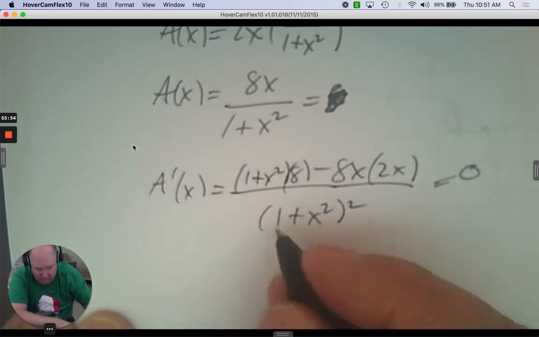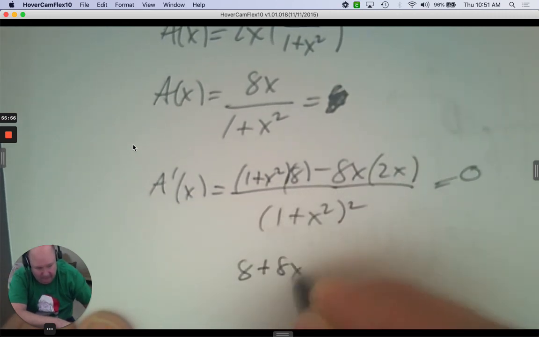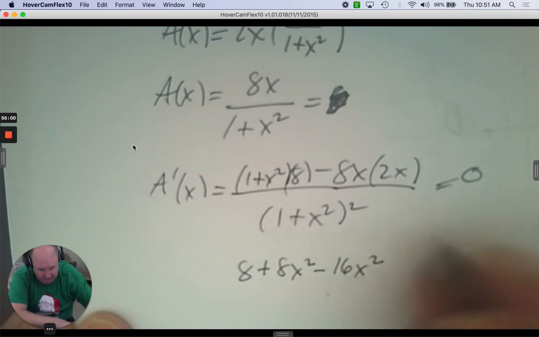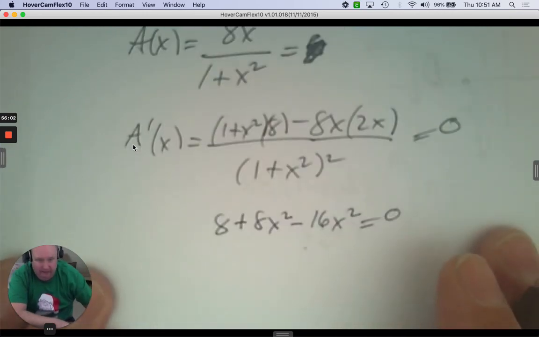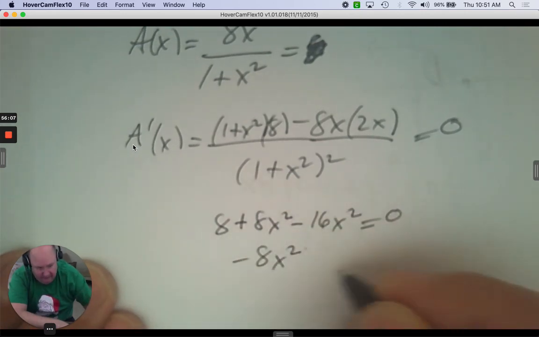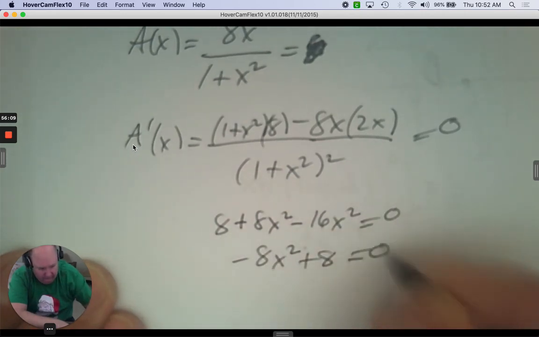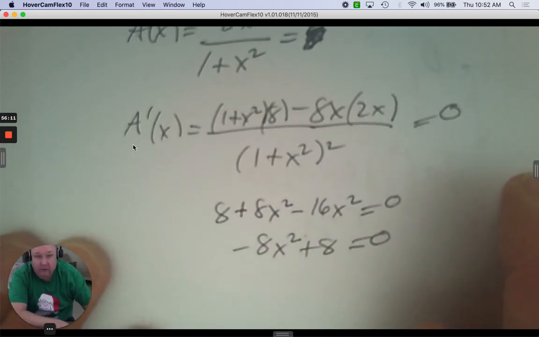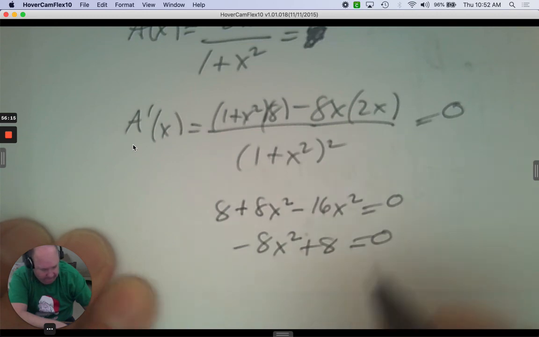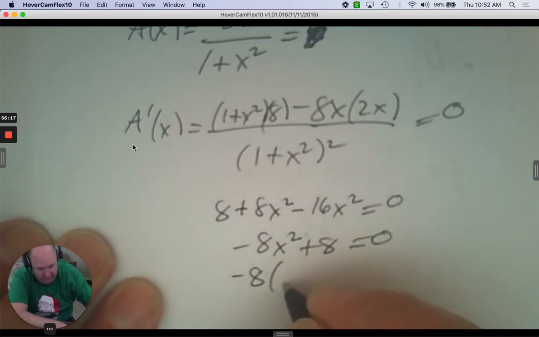So that's 8 plus 8x squared minus 16x squared. I'm going to combine like terms and factor. So I have negative 8x squared plus 8. Factor out negative 8.